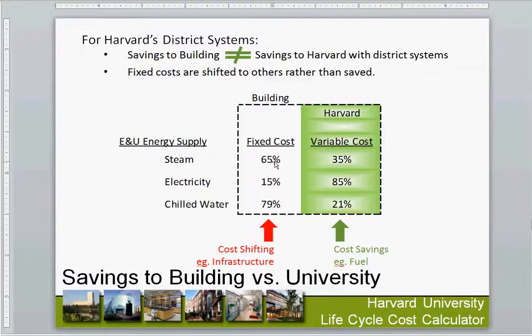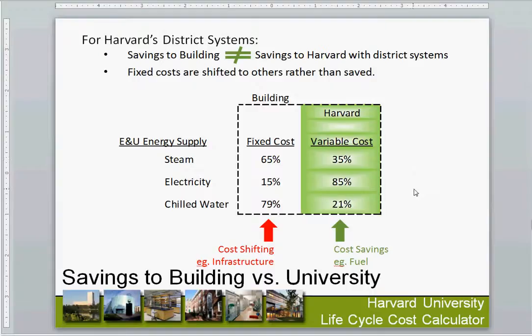And so the way we bill, instead of Harvard saying all of the users have to pay our fixed costs up front and we're only going to charge you for the variable cost, we blend the rate. Each year they go through a budgeting process where they say our fixed costs are, let's say, $1 million, our variable costs are $350,000, and so our total costs are $1.35 million.